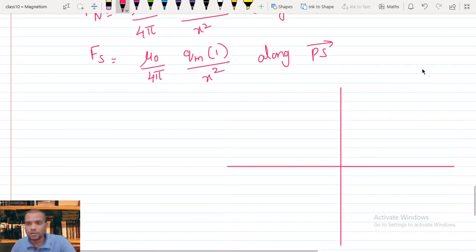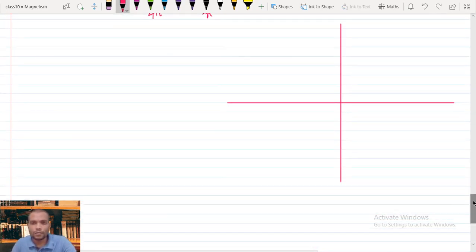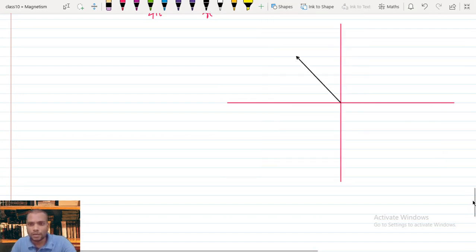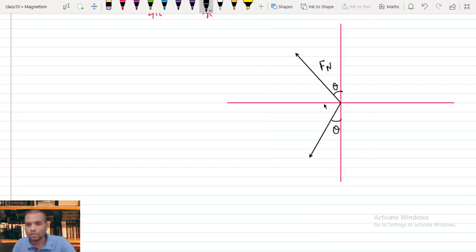If this is one force, the force due to north, it resolves into two components, a horizontal component and a vertical component. And this is one more force, which also resolves into two components, horizontal and vertical.